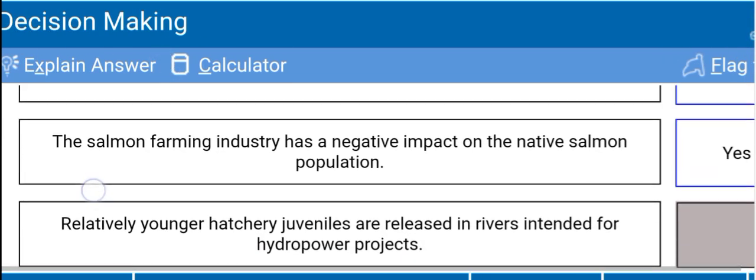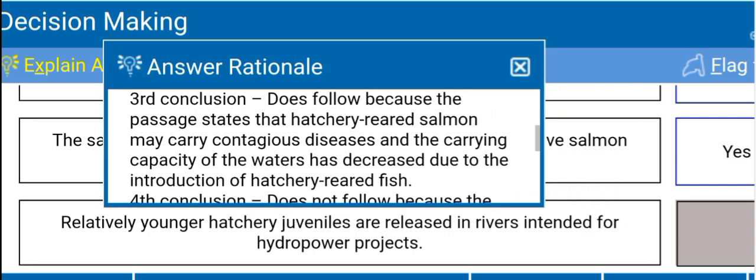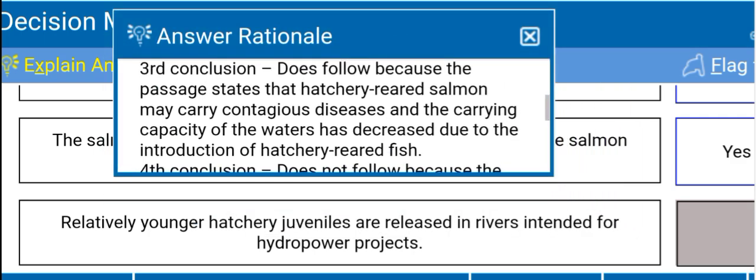The fourth conclusion says relatively younger hatchery juveniles are released in rivers intended for hydropower projects.